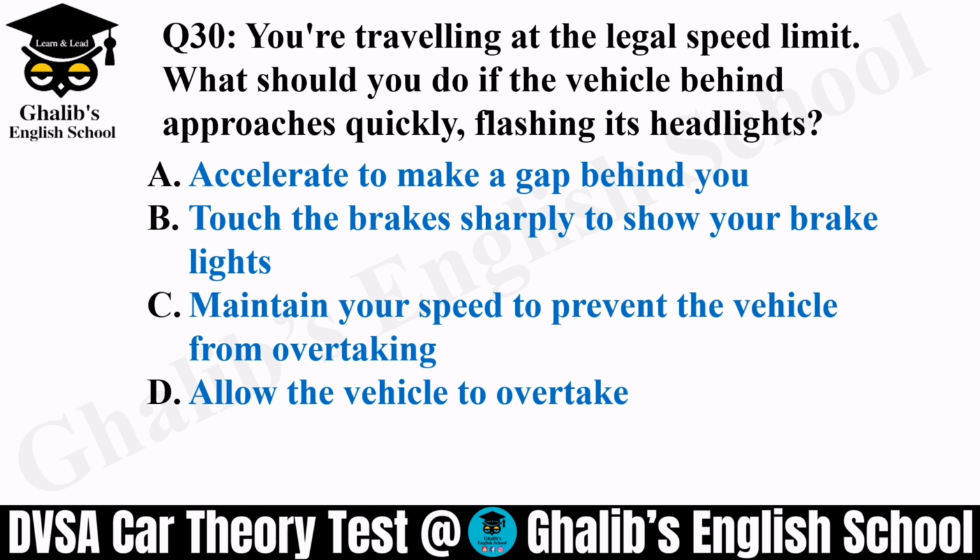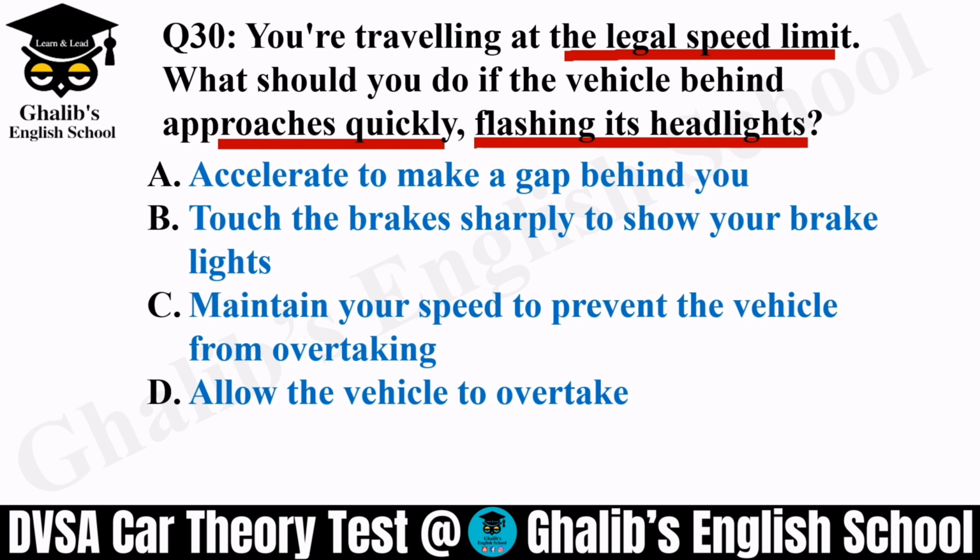Question 30. You are traveling at the legal speed limit. What should you do if the vehicle behind approaches quickly, flashing its headlights? You are following the speed limit on the road legally, whether it's 30 or 40 or 50 or 60. What if a vehicle approaches quickly behind you and flashes its headlights?